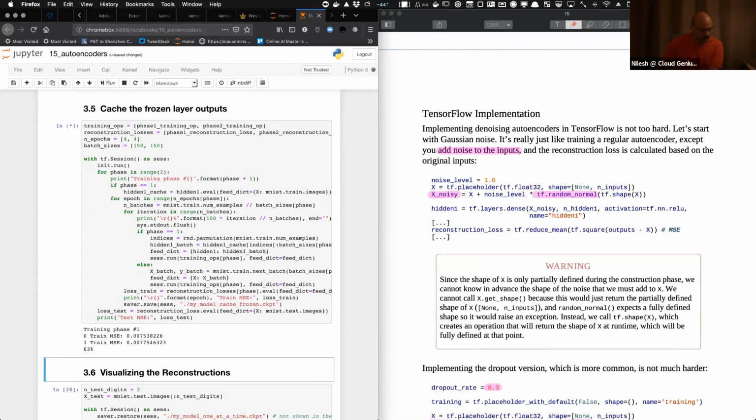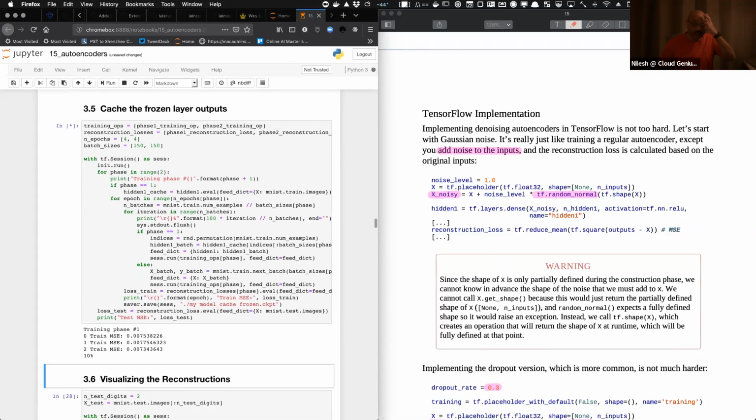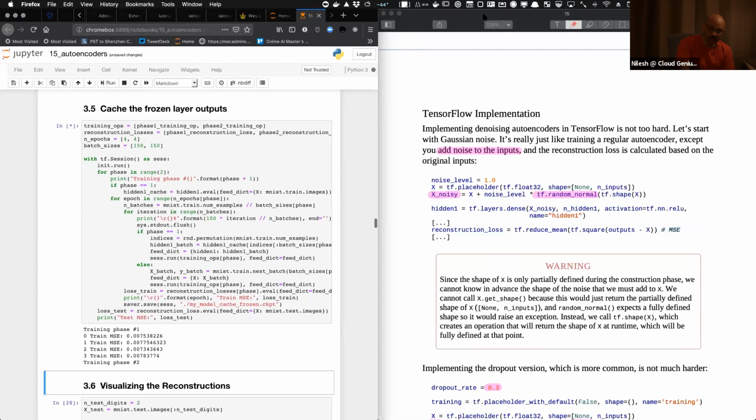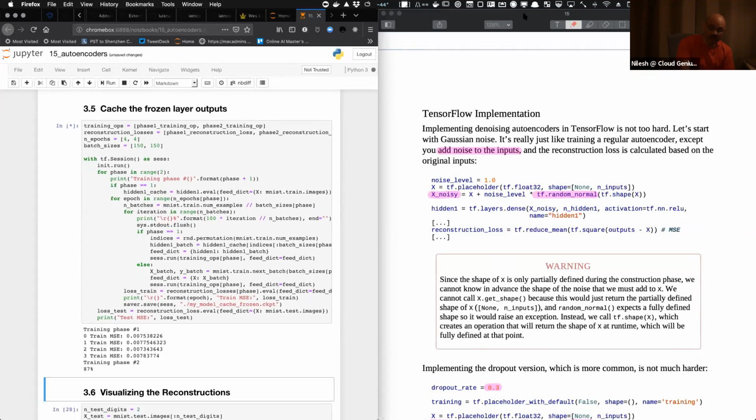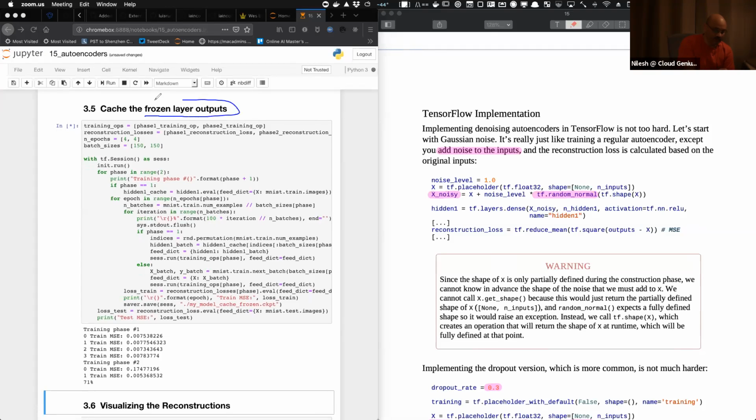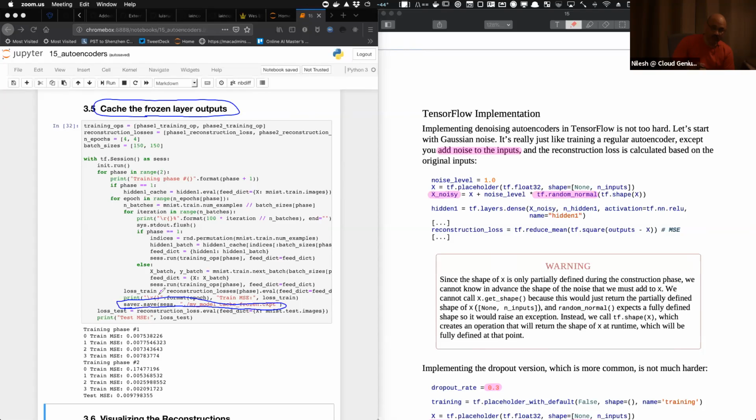But the idea that's going on right now is caching the frozen layer outputs. The idea is that we want to reuse them. So the frozen layer outputs, we want to save that. And the saving step will essentially make it useful in another neural network.